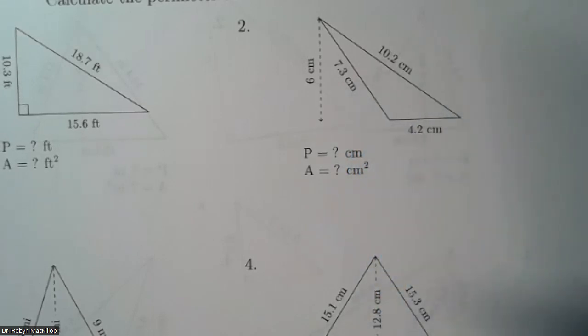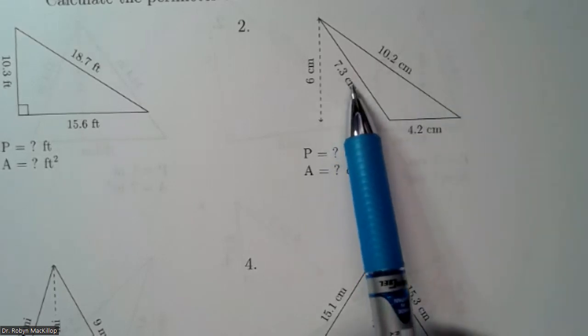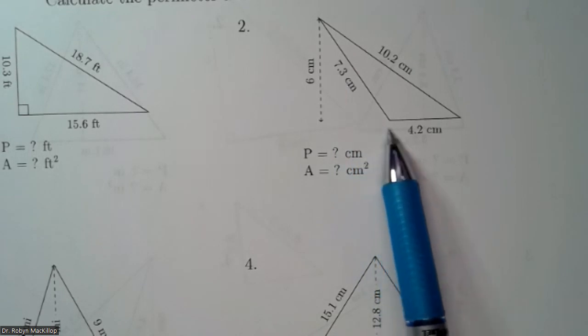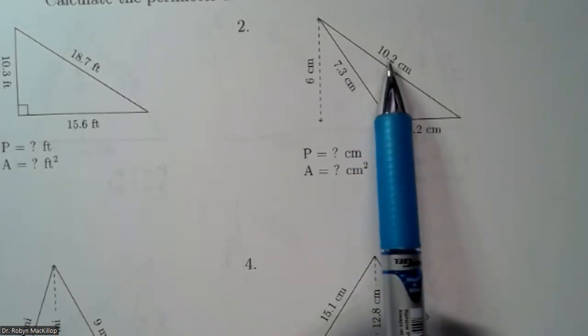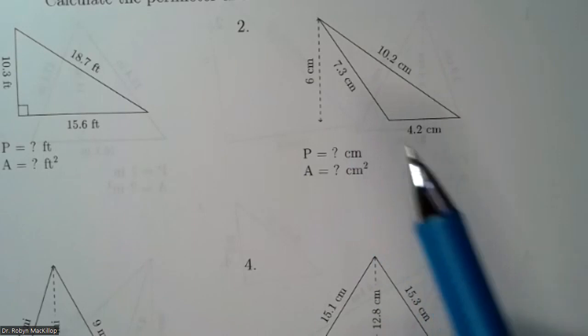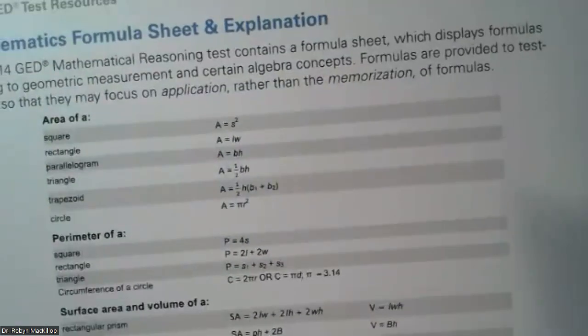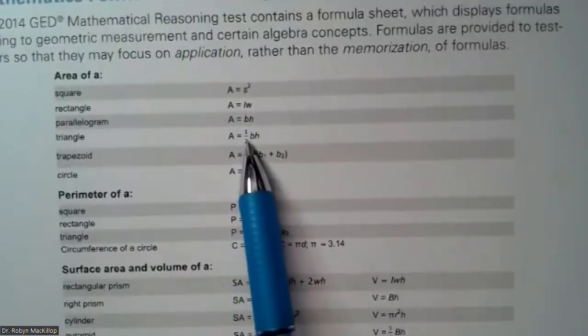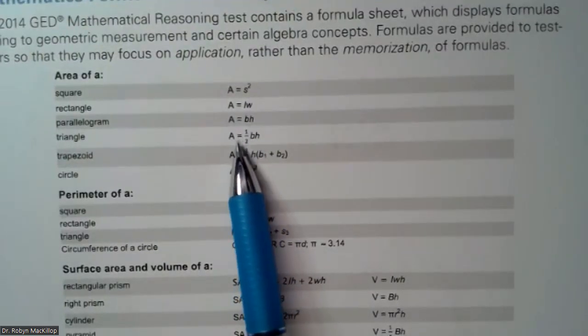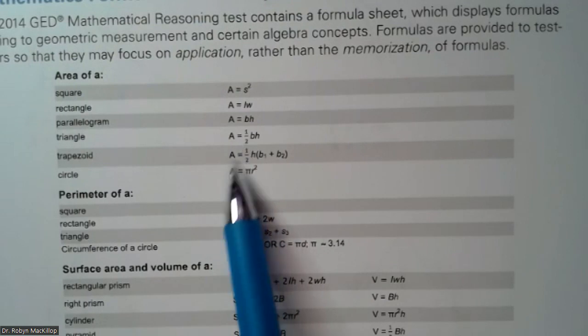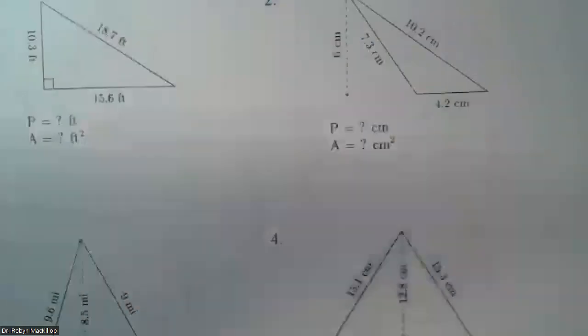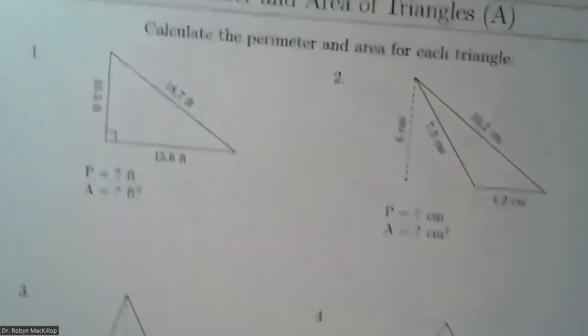But perimeters for any shape, all you're doing is adding up the measurements on the outside. And that's your perimeter, your fence line. And then again, area is everything inside that. And the formula for a triangle is 1/2 base times height. So let's take a look at some triangles.